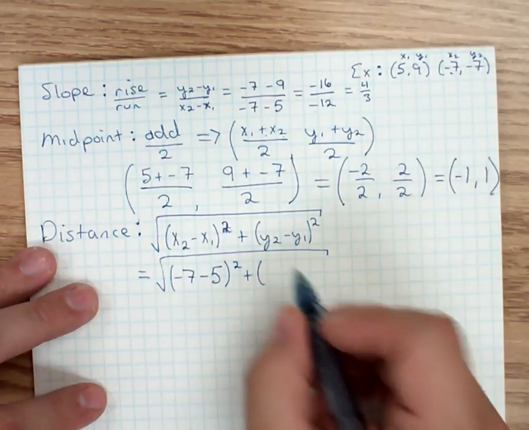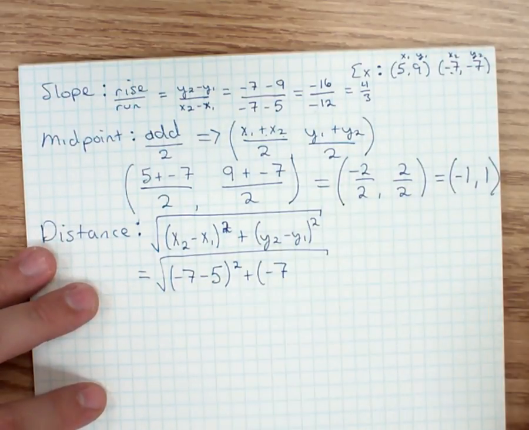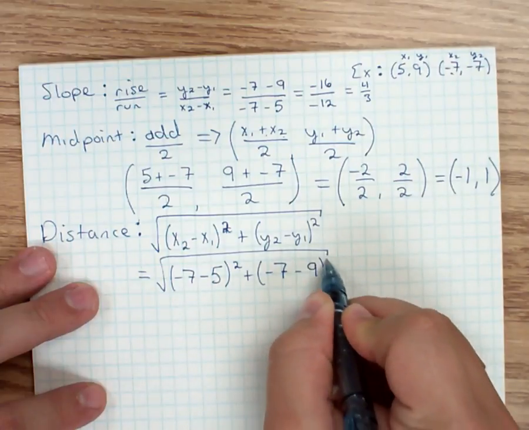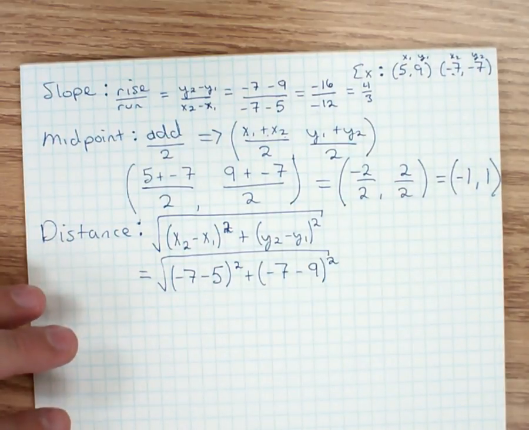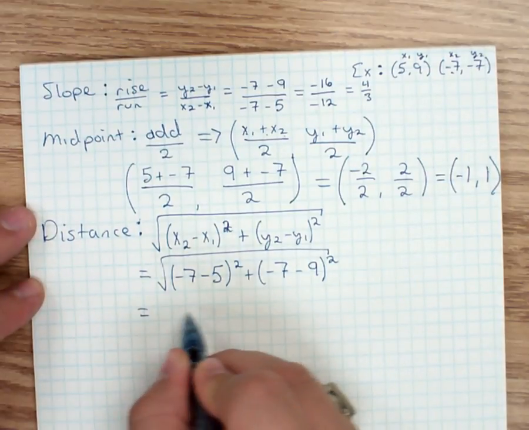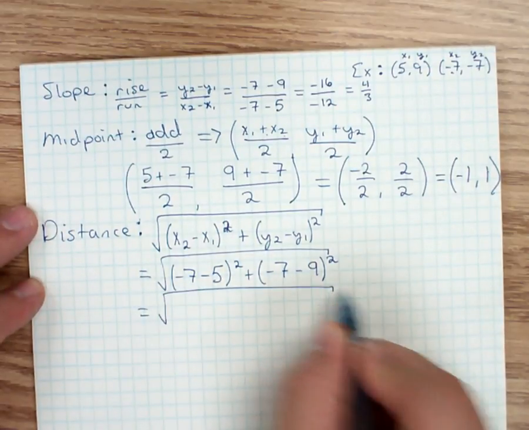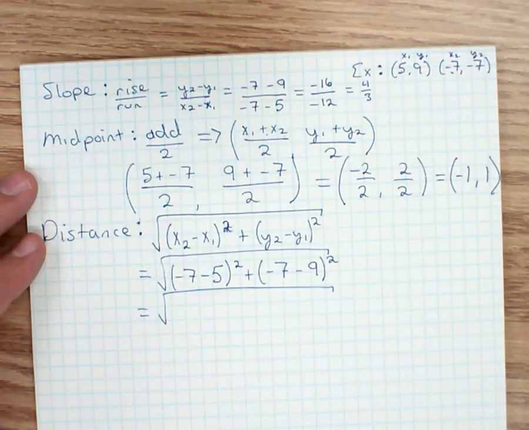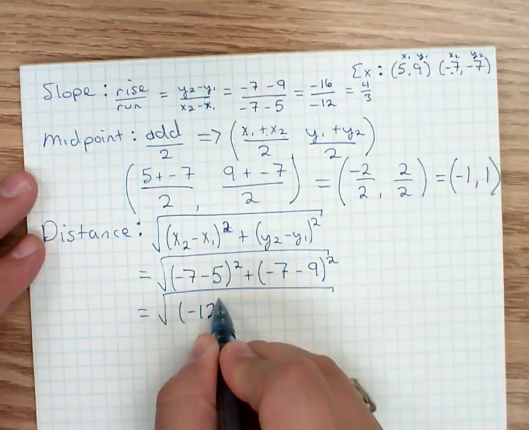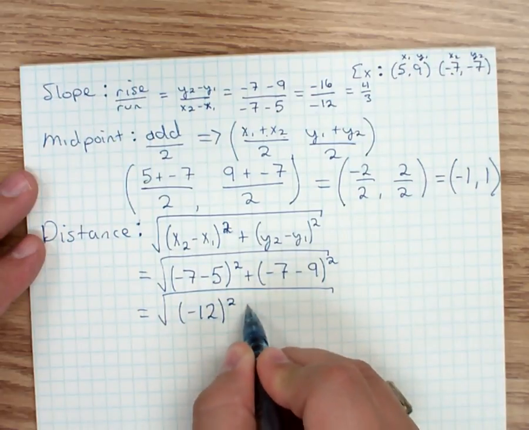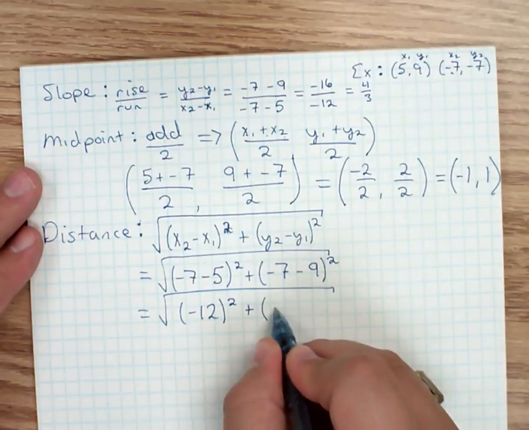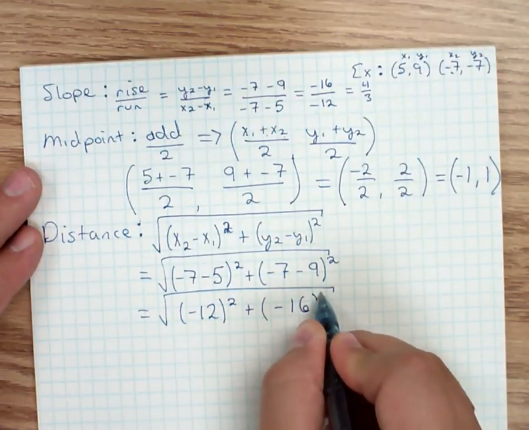So I have negative 7 minus 9 squared. And I just simplify. So negative 7 minus 5 is negative 12. And negative 7 minus 9 is negative 16.